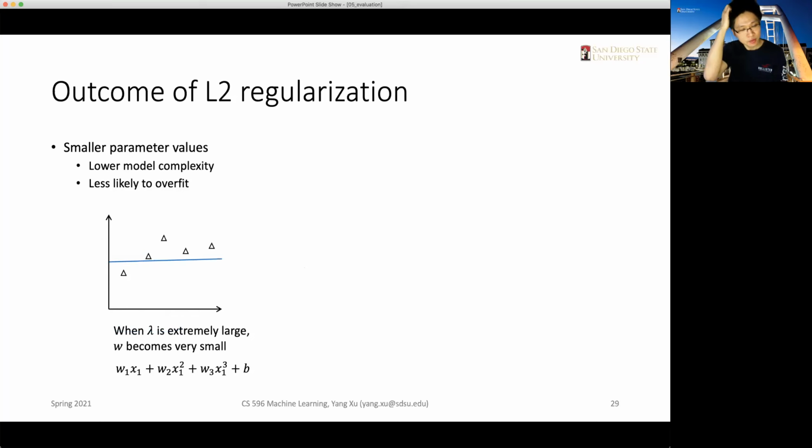But when lambda is extremely large, the w's become too small. If the w's become too small, then it's hard to observe non-linearities. Those higher order terms are almost invisible, so the line will be almost a straight line.